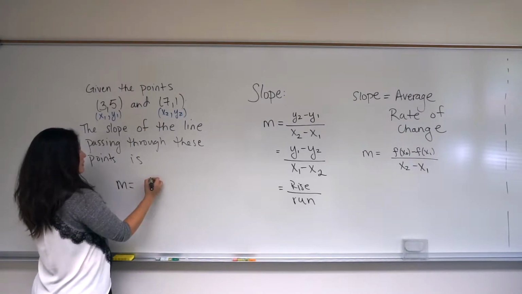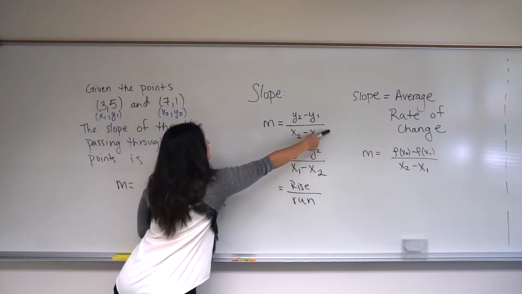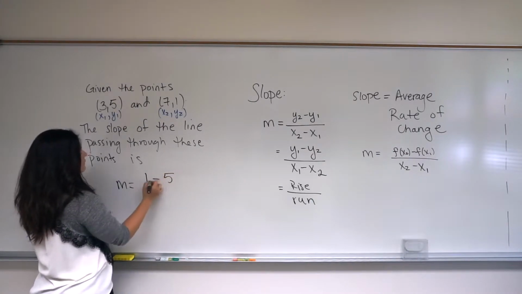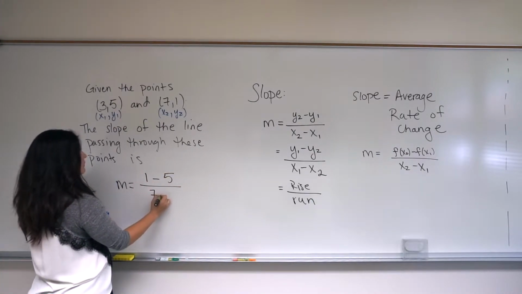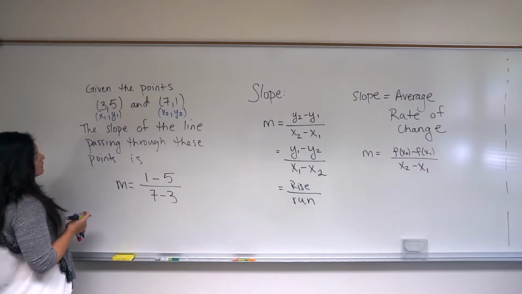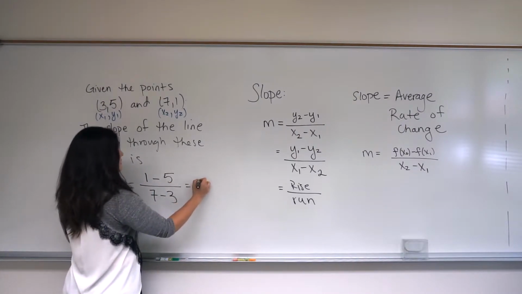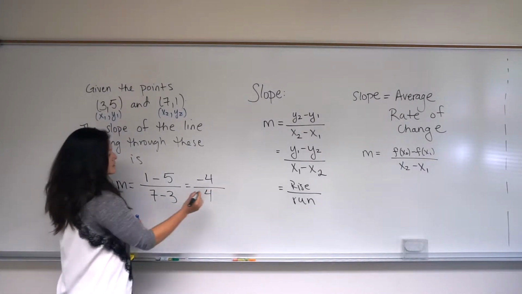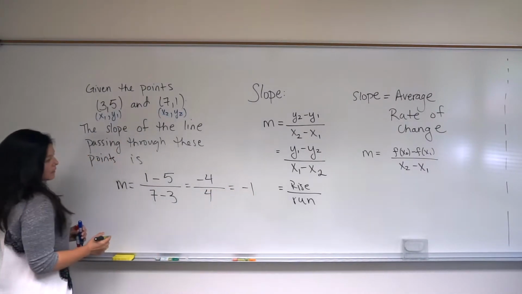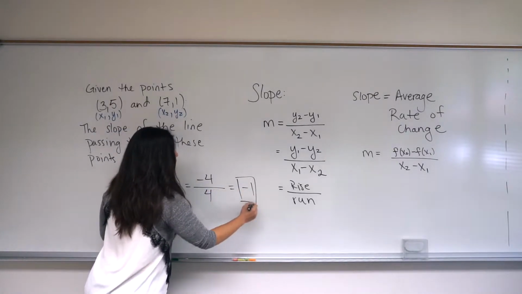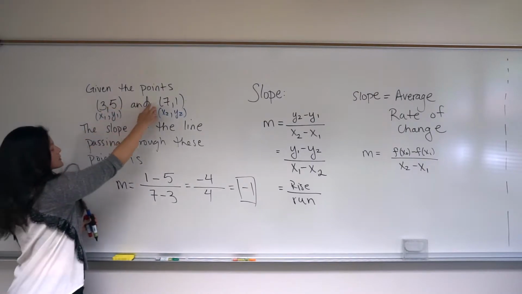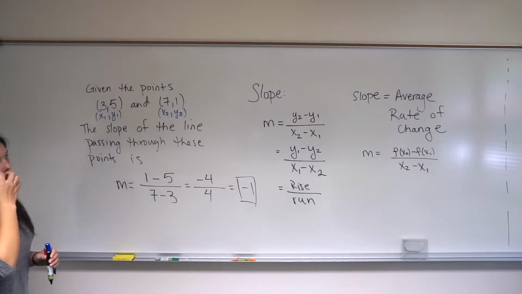So if I want to use this formula, this is going to be 1 minus 5 over 7 minus 3. Okay, and that gives us negative 4 divided by positive 4, which simplifies to negative 1. Okay, so the slope, or the rate of change, of the line passing through these 2 points is negative 1.